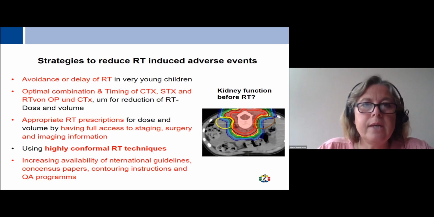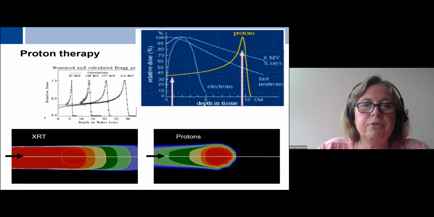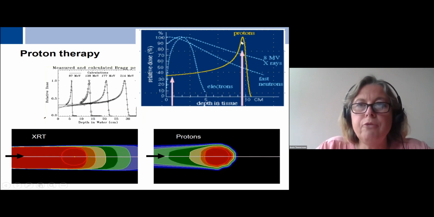With regard to strategies to reduce adverse events after radiation therapy, the use of highly conformal radiotherapy techniques is, of course, one important measure to limit the risk of radiation. In proton beam therapy, the dose depth curve of protons is advantageous because we have a definite range and a sudden release of the maximal energy, and can spare the tissue distal to the target very nicely.